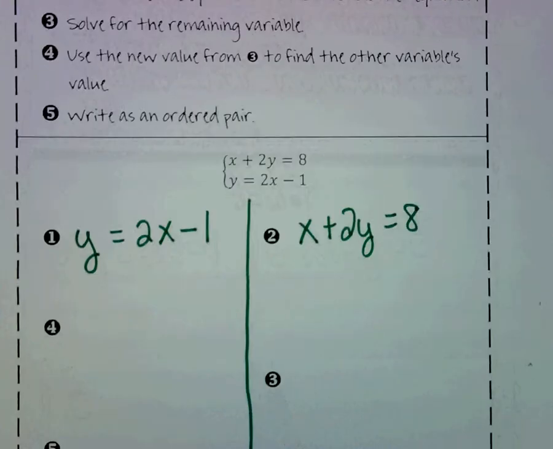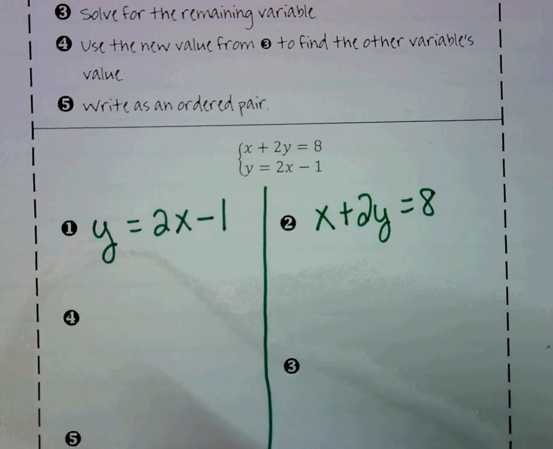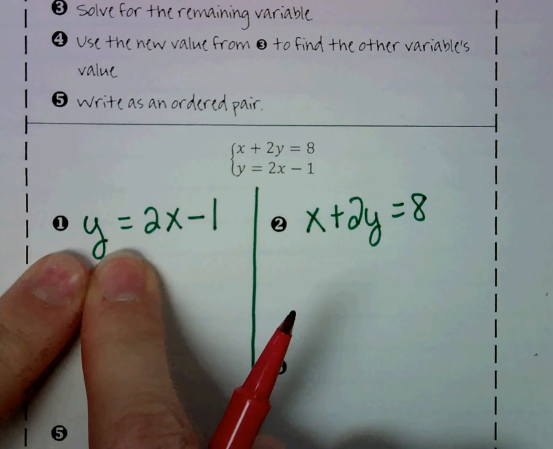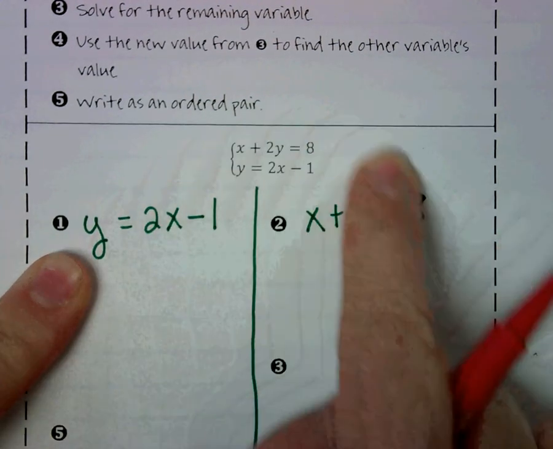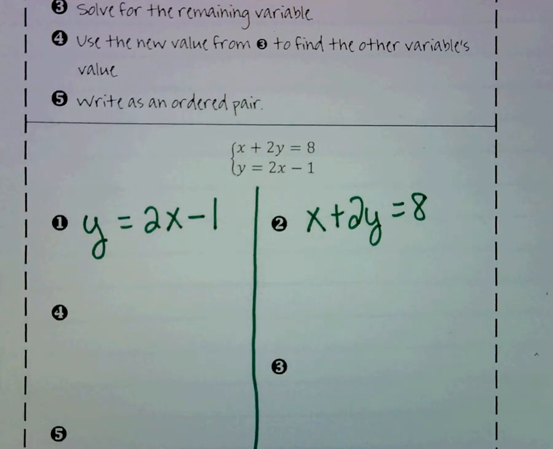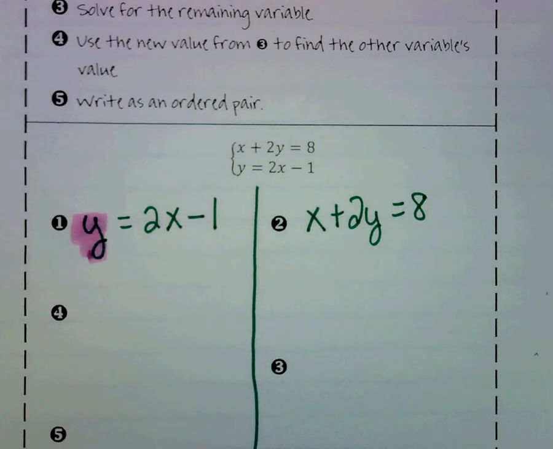Okay. So now that we've written our equations side by side, and now that we already have a variable solved for, we're going to substitute the equation from 1 into the other equation. Now what I want you to see here is we've solved for y, and y is equal to 2x minus 1.